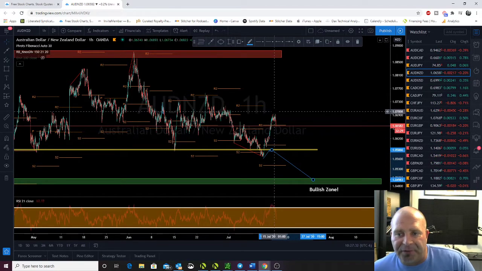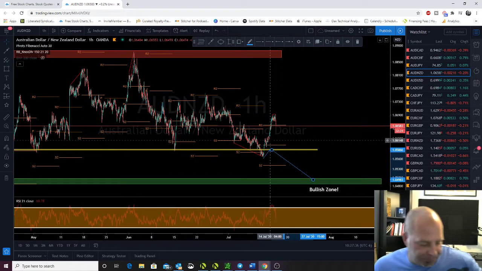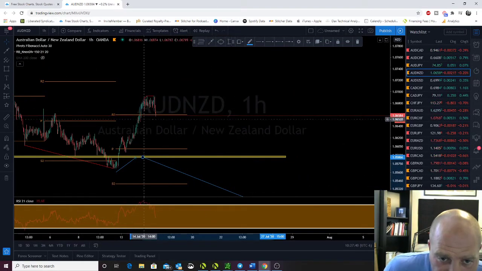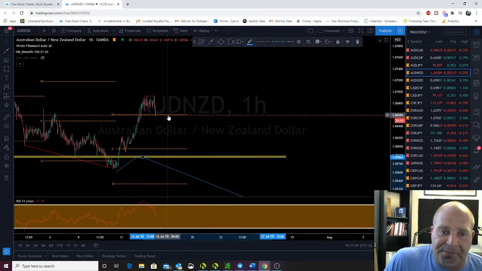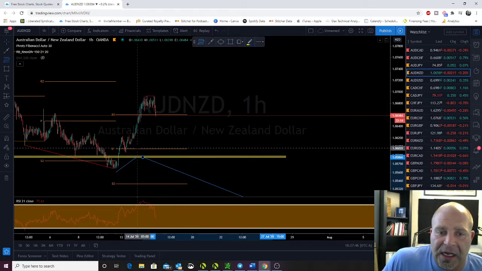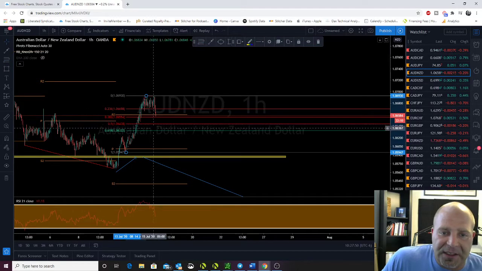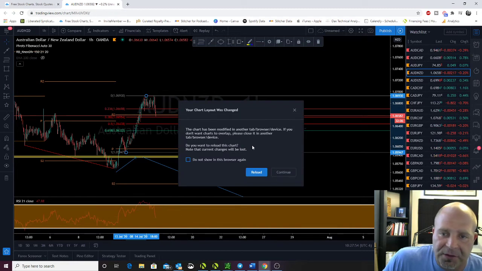And guys, now we've blown through R2 and have come back. Those of you that have been following me long enough know that if price ever blows through, it's a great trade back to it. So how I would view this pair now is, it's sitting at the 382.